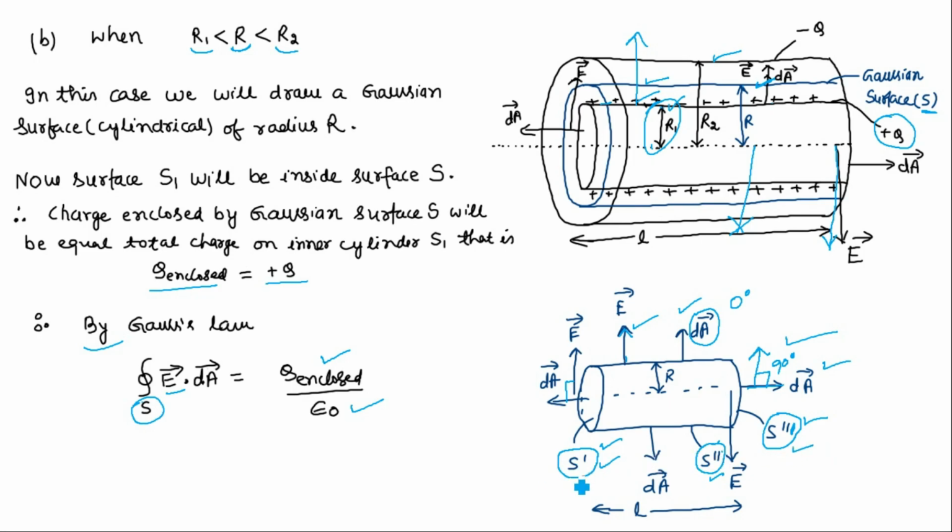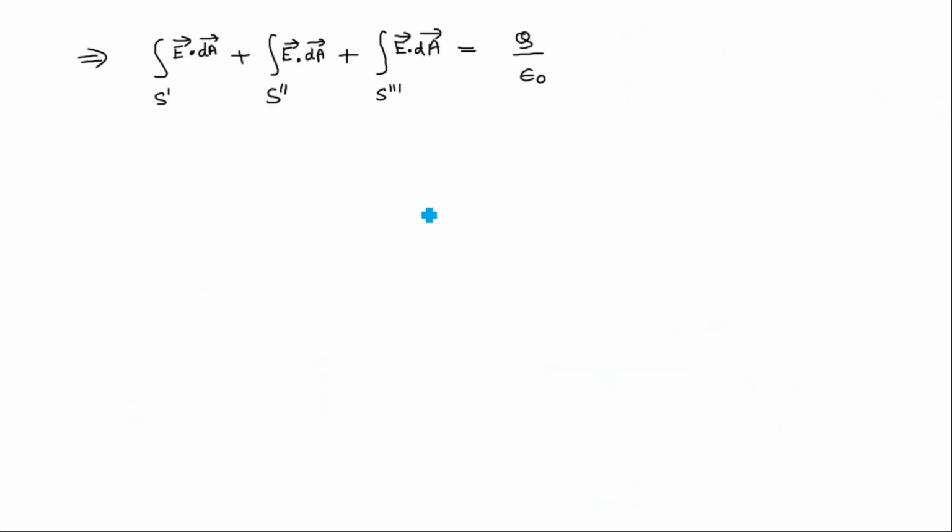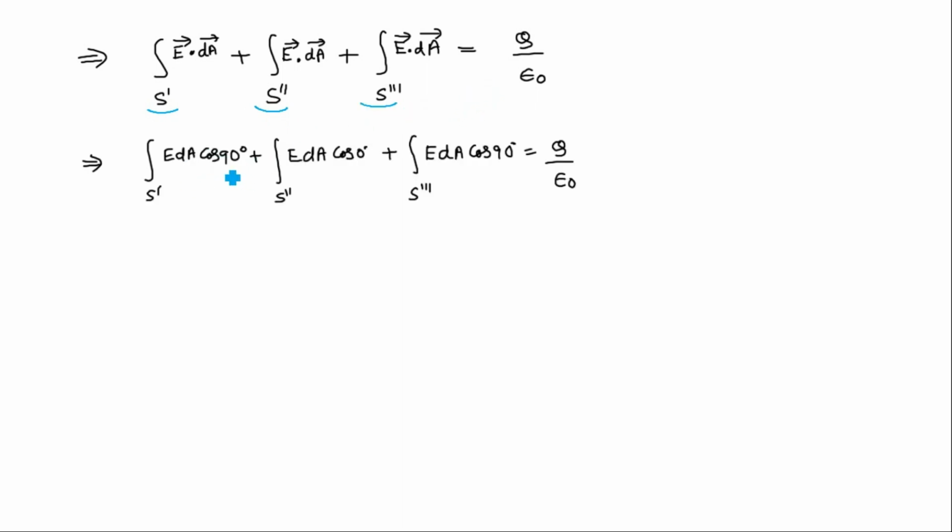The angle between electric field and area will be 90 degree here, 0 degree here, and 90 degree for this surface. You can see the angles are now written here: 90 degree, 0 degree and again 90 degree.